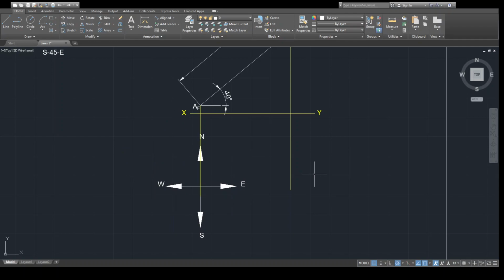Okay, so exactly over this line, north, east, south, what is given? S45E. I will extend this line down further.